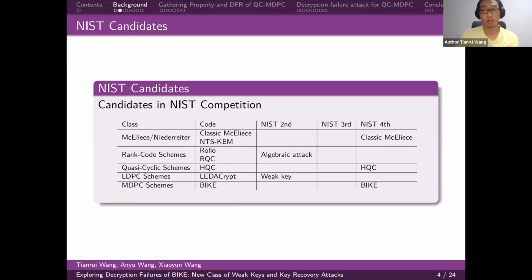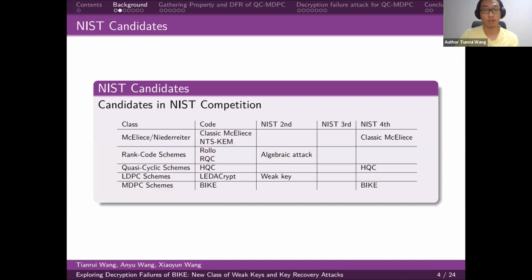Numerous algorithms were submitted to the NIST competition, with several advancing to the 4th round. Firstly, the McEliece algorithm, invented in 1978, remains secure under many attacks over the years. However, the large public key sizes and slow encryption speed are a heavy burden in application. The rank code schemes did not perform well under algebraic attacks, so NIST didn't select them to advance in the PQC standardization process.